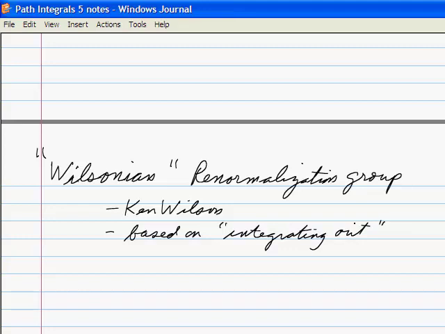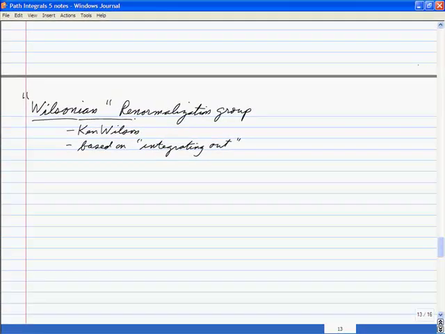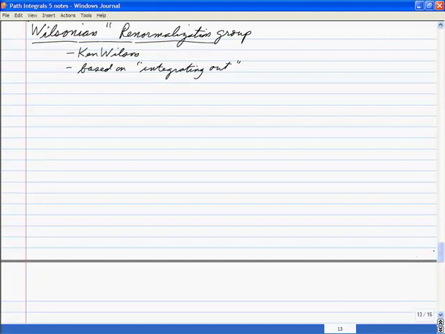Okay. So here's the Wilsonian approach. Let's imagine that we've seen that it's easy to integrate out heavy fields. So if you've got a field that weighs a lot, has a big mass, you can integrate it out from your theory and come up with an effective Lagrangian.